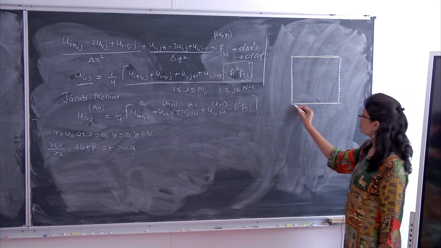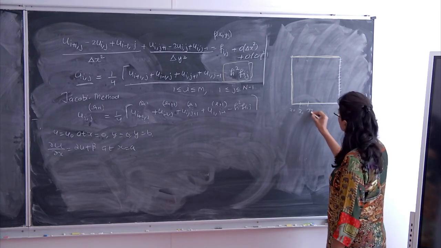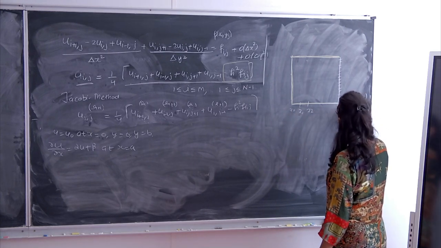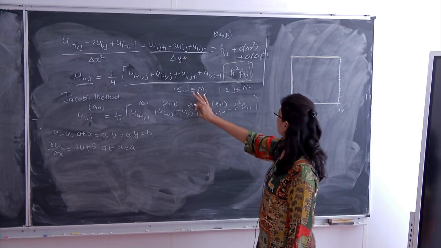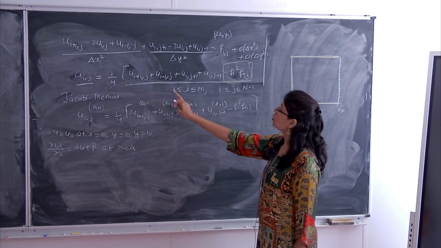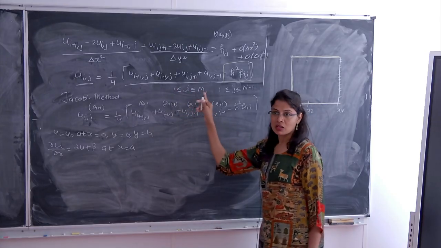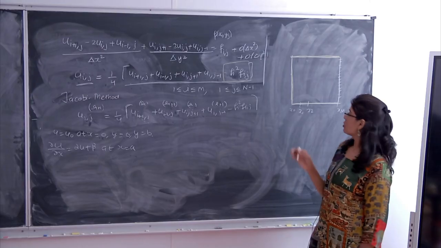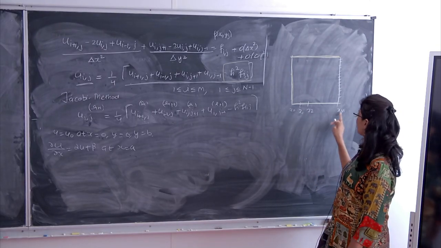What we will be doing here is taking x points, which are x naught, x1, x2 up to xm. So when I am writing this condition here, I told you that I will be writing i equal to 1 to m. I will write up to m because I do not know the value of u at the xm point.